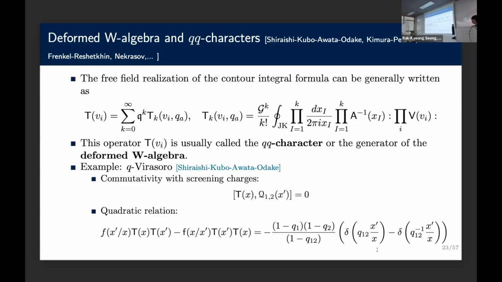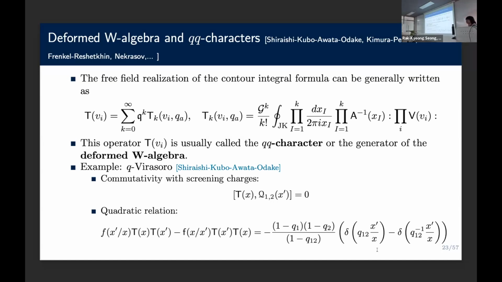But in this talk later, I will discuss two types of eta vector. One is 1, 1, 1, 1, and the other is -1, -1, -1, -1. To answer your question quickly, one will be the DT side and the other will be the PT side. So depending on which eta vector you choose, you get two types of QQ characters, and associated to that, later you'll see that you need to define a different type of screening charge.